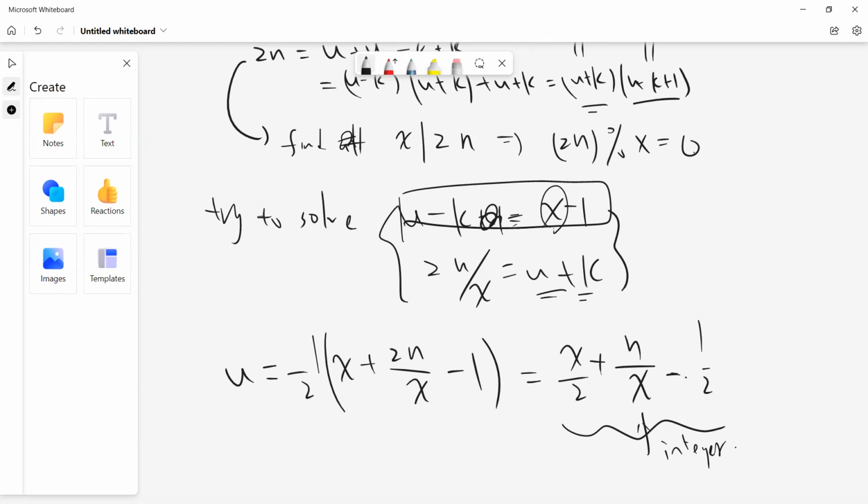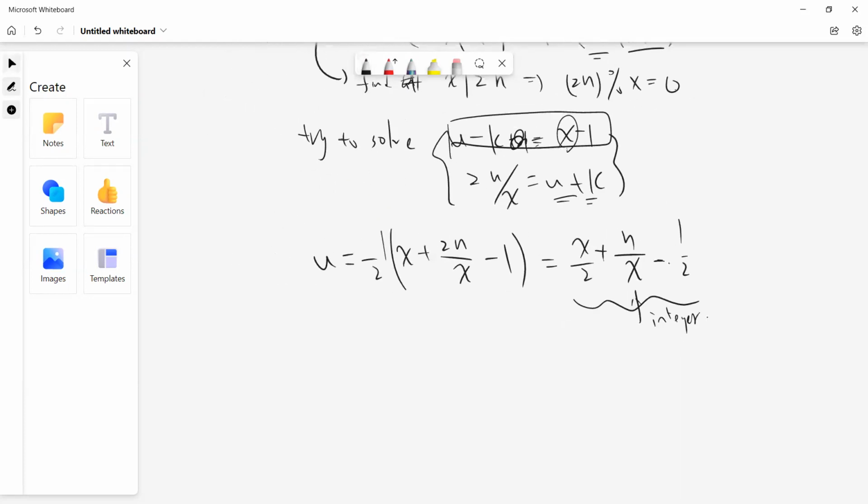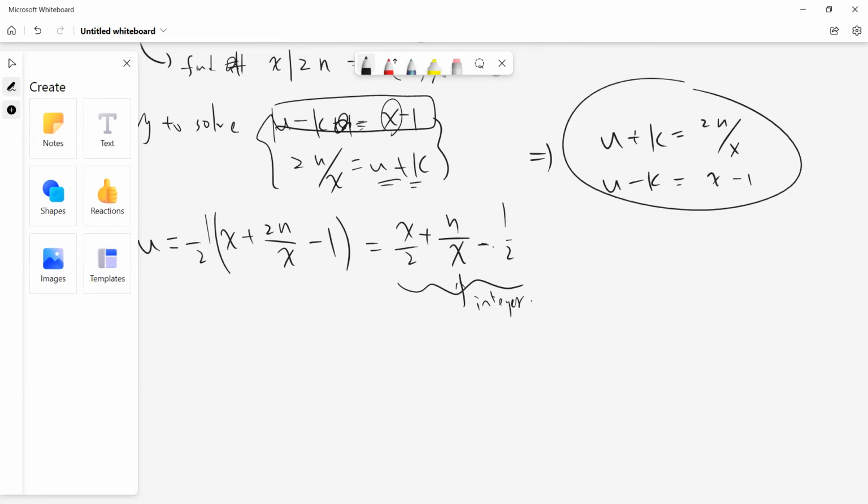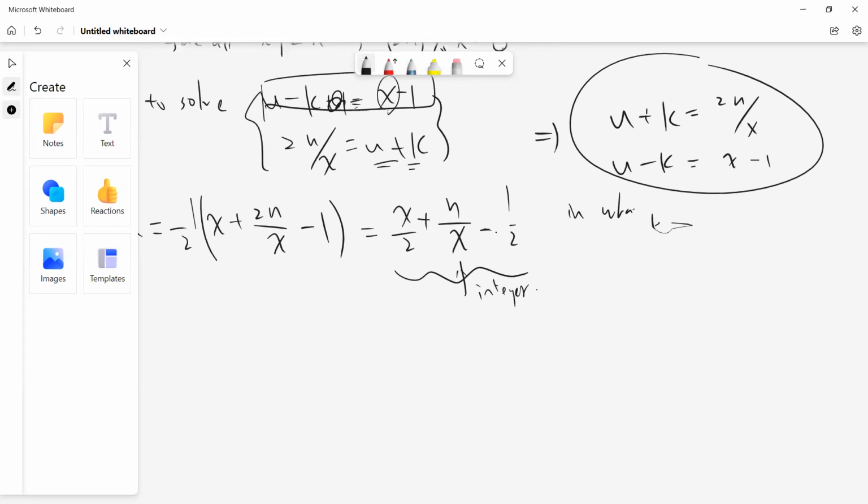Okay, so let's see. Maybe this is not a very good way. So we have u plus k equals 2n divided by x, and u minus k equals x minus 1. Okay, so in what sense is u an integer?